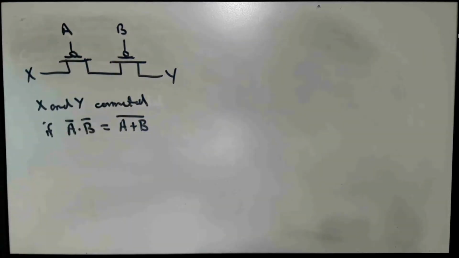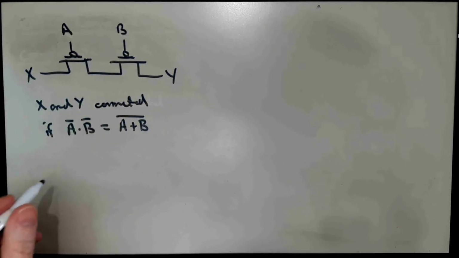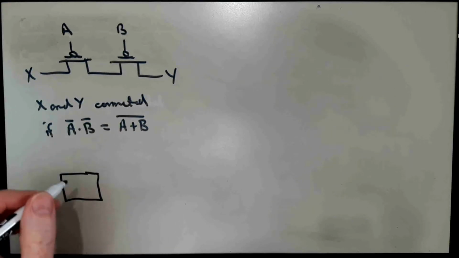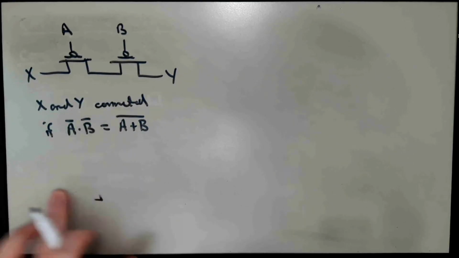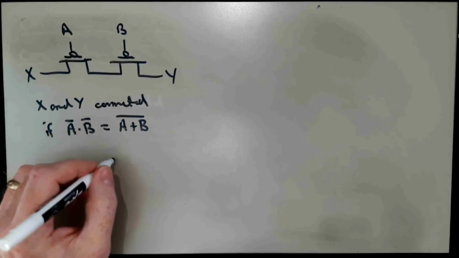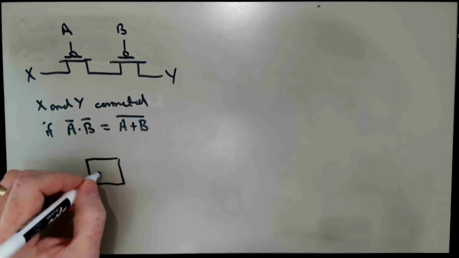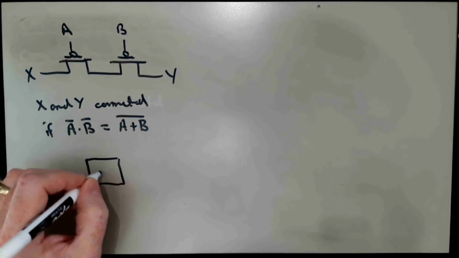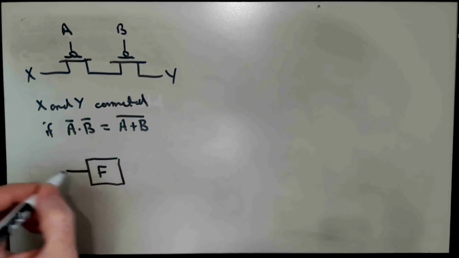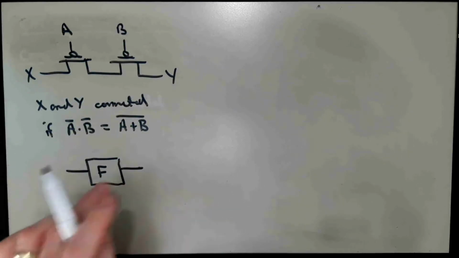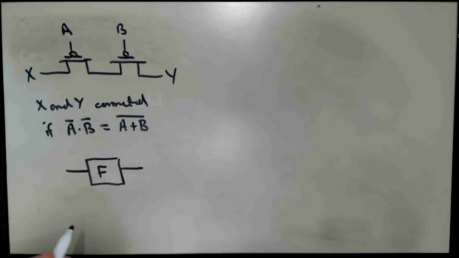More generally, if I had two networks, let's say I have a network here whose conduction condition is represented by, I don't know, F, so that these two sides of this network are connected only if F is true.